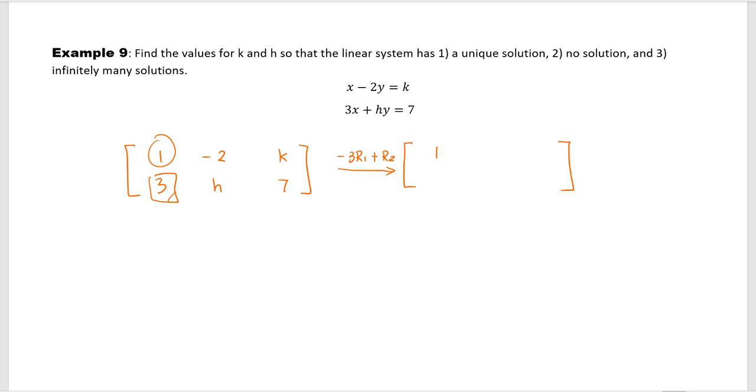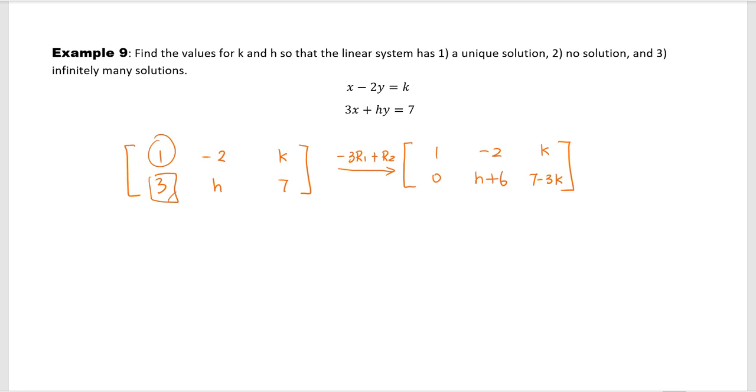So the first row stays the same. In the second row, 3 minus 3 is 0, h minus 3 times -2, so it's h plus 6, and then 7 minus 3 times k.